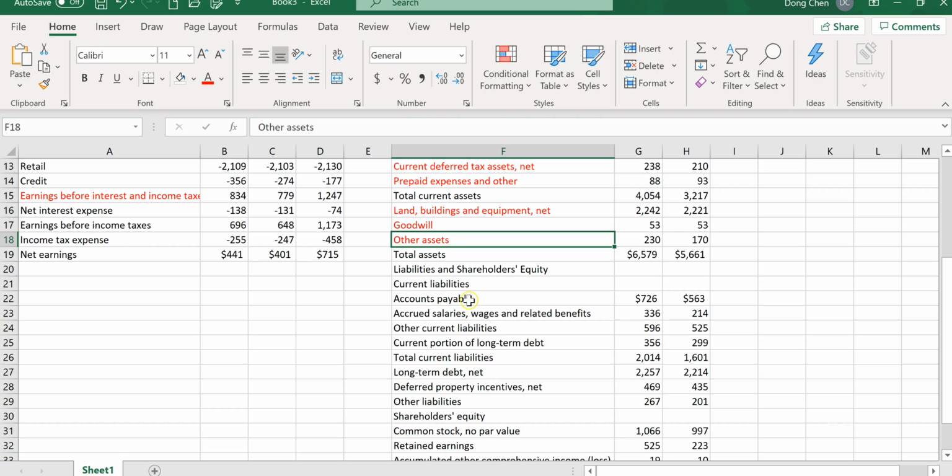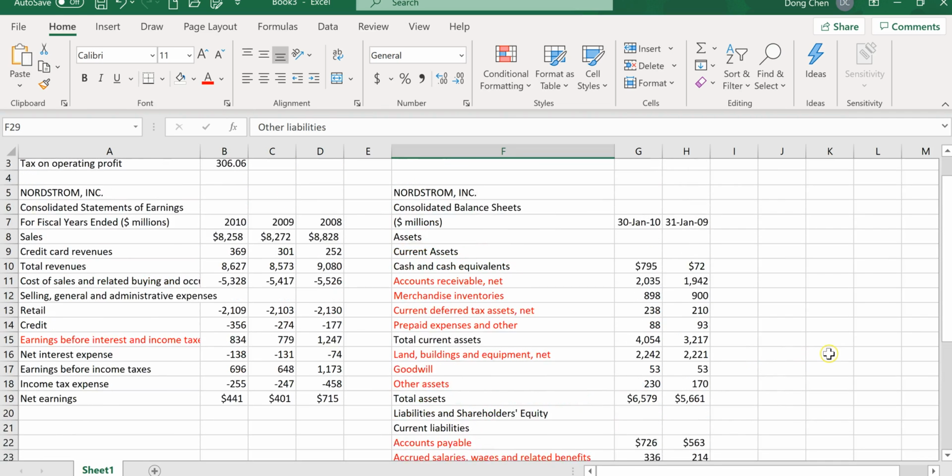But other items such as accounts payable, accrued salaries, wages, and related benefits, and other current liabilities are included. The current portion of the long-term debt and the long-term debt are not, because they're financing related. Deferred property incentives and other liabilities are also part of the operating liabilities. So all these are operating liabilities.